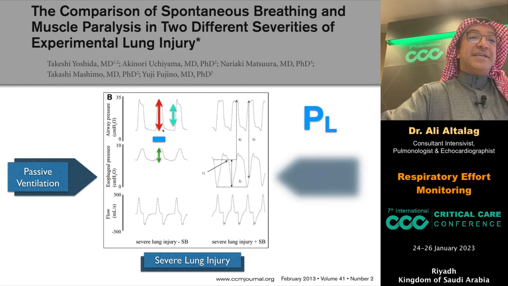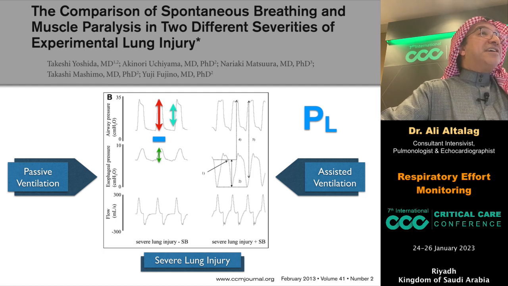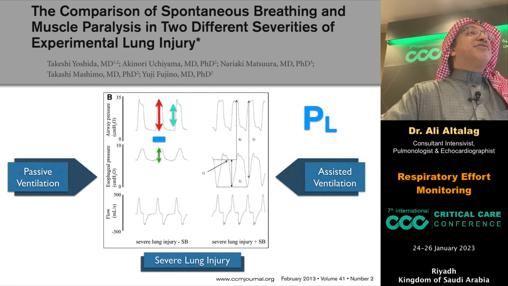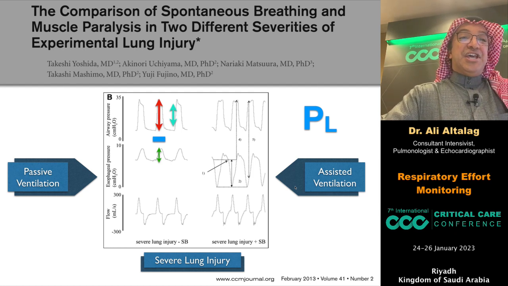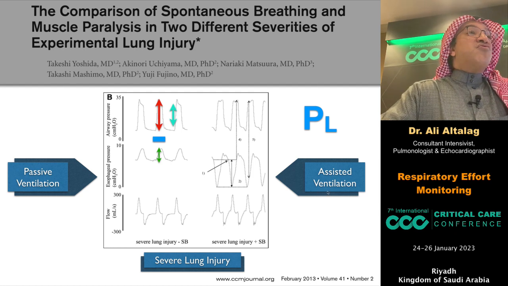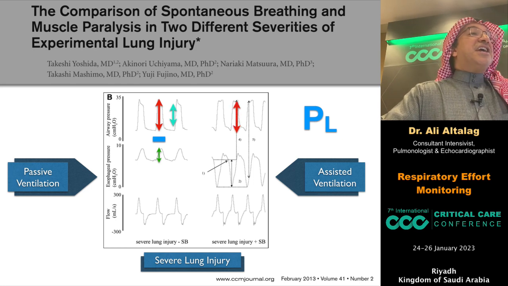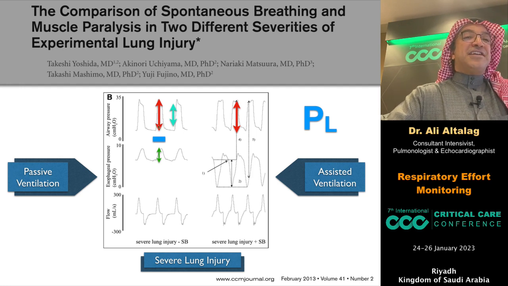On the other hand, these patients have severe lung injury, so they have high respiratory drive, so they can suck air like hell. If you apply assisted ventilation to these patients, again, the airway pressure is the same as in passive ventilation.